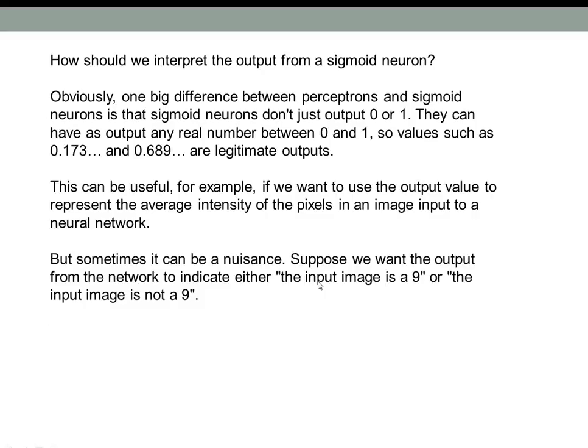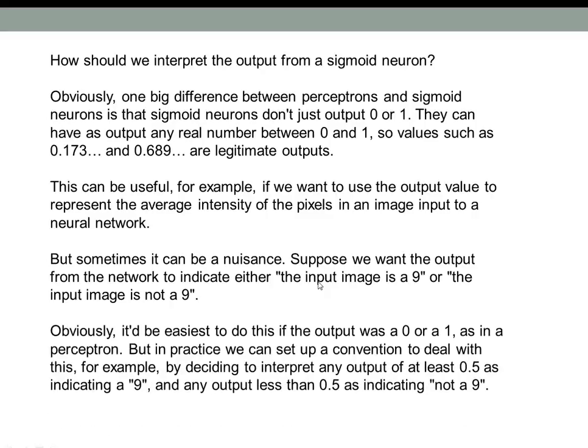Sometimes we want the output from the network to indicate either the input image as 9 or not 9. Obviously, it's easiest to do this if the output was a 0 or a 1, as in the perceptron. But in practice, we can set up a convention to deal with this. Remember, this is like the cutoff value that we saw when we were talking about naive Bayes. We set a cutoff value, so if it's above a certain level, we do this.